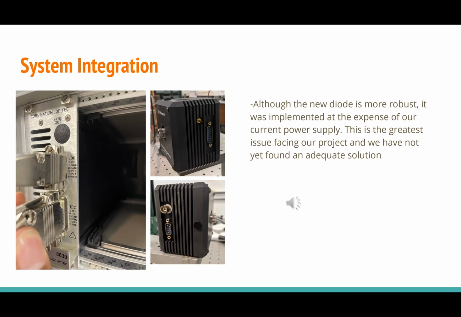This is why this decision was so hard to make and why it took 30 iterations to go ahead and go to this more robust diode. We want the laser system to work, but we also want it to work with the intended power supply. We're not sure how to solve this problem yet, but we are still troubleshooting.